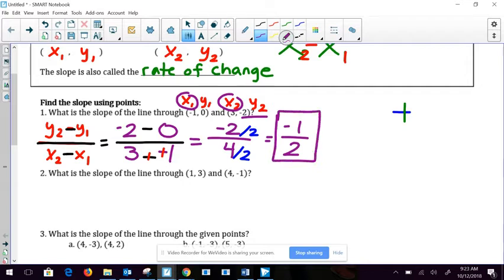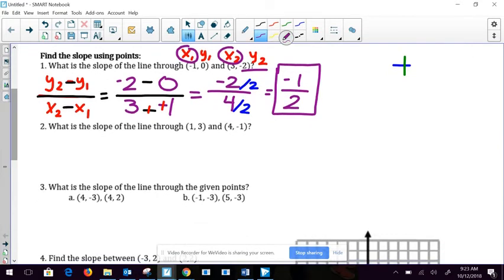Let's go ahead and look at another one. I'm going to rewrite my equation, my formula, again to make sure I don't miss any key parts of it. Remember, it's y2 minus y1 over x2 minus x1. Which part of that equation do we always rewrite? Our fraction symbol and our subtraction symbols.